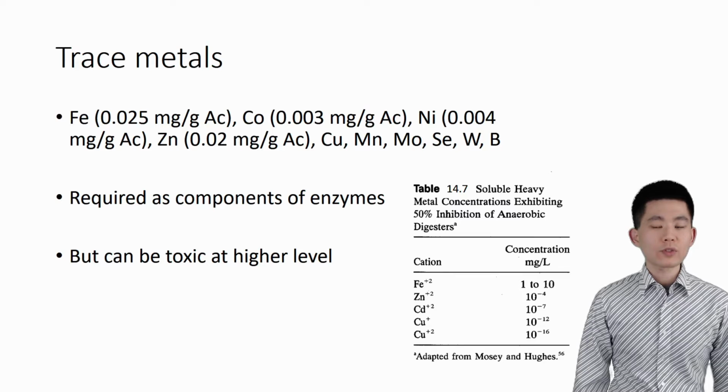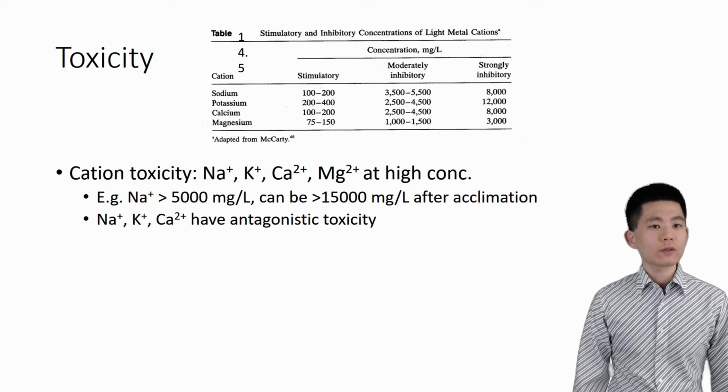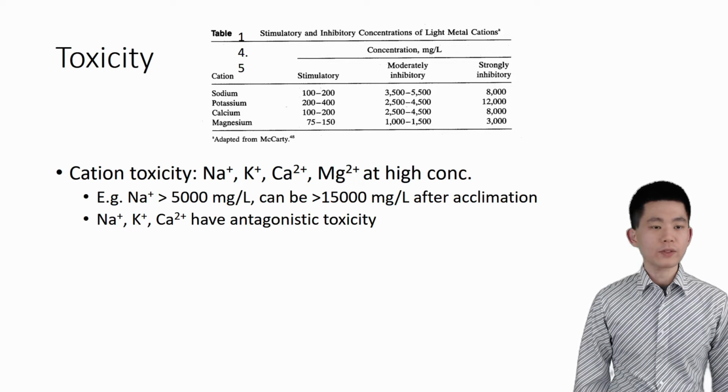The table shows the IC50, or the inhibitor concentration that reduces the reaction rate by 50%, of various heavy metals. In addition to heavy metals, there are a few other compounds that can be inhibitory to anaerobic processes at high concentration. Cations like sodium, potassium, calcium, and magnesium are usually not an issue until their concentrations are in the thousands of milligrams per liter.